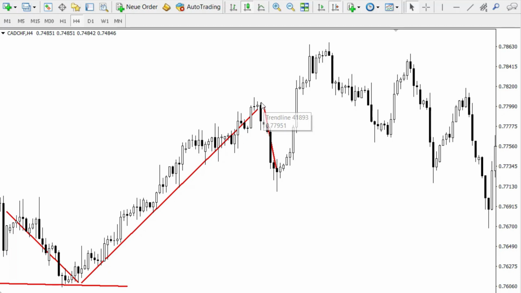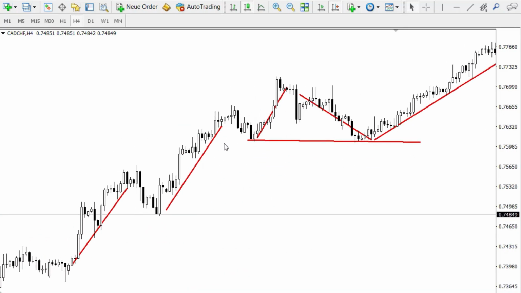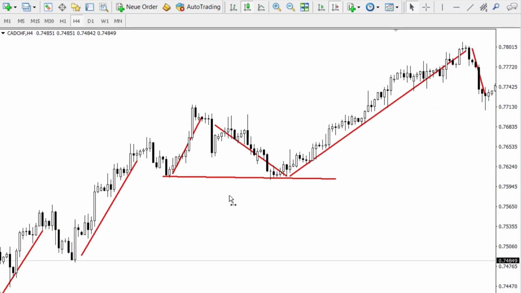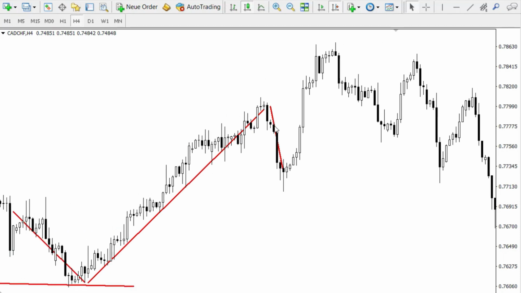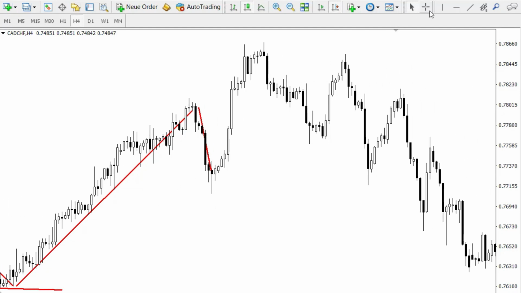This correction wave seems to be quite long to the downside, if we would compare it to what we have seen here or here. But in this context here, it's not really too frightening, I would say, because this is quite short compared to this long trend wave. So the price will never just shoot up in one straight line, but it's normal to see this back and forth, and you have to put it into relation.